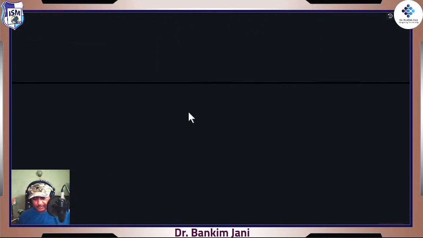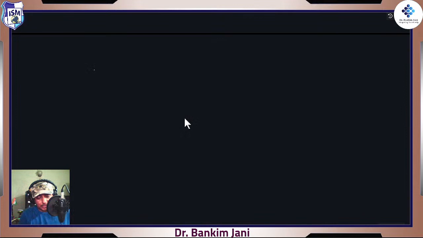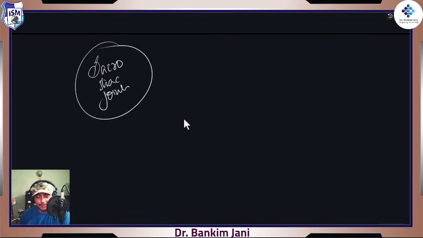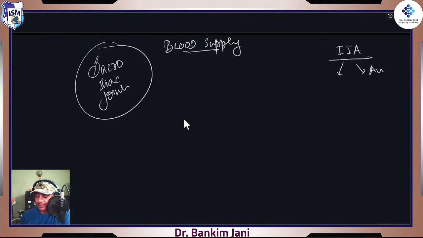Okay. Now for the sacroiliac joint, the blood supply, right? Who will be giving the blood supply to them? Well, we saw that the internal iliac artery has got an anterior division and a posterior division. We are interested in the posterior division because the posterior division was giving three branches, right?